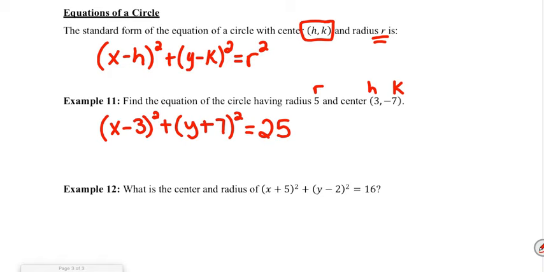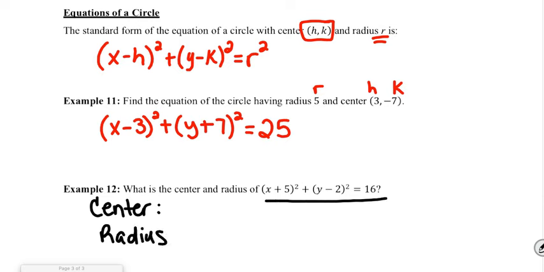Working in reverse here, we want to know the center, and we want to know the radius. We have the equation. So the center point of the circle, we're just looking at that ordered pair, h, k. So this is going to be our h value, this is going to be our k value that we plugged in.